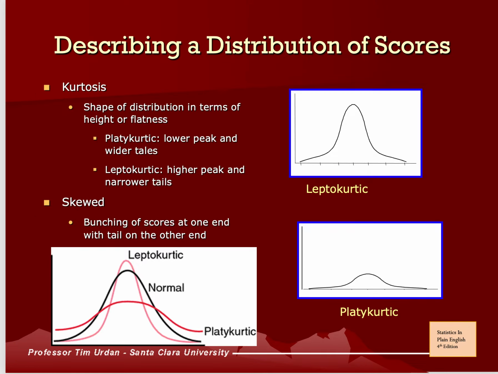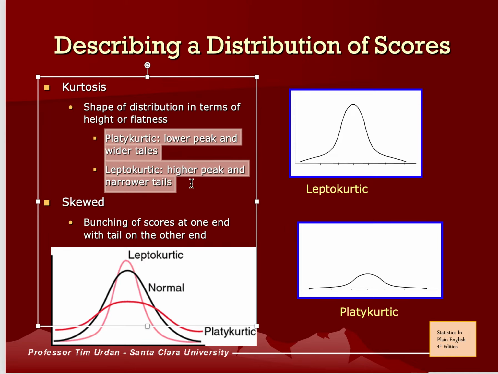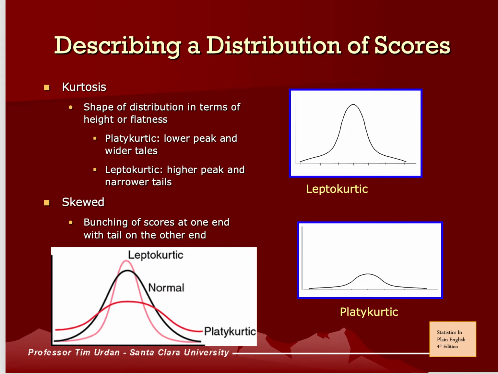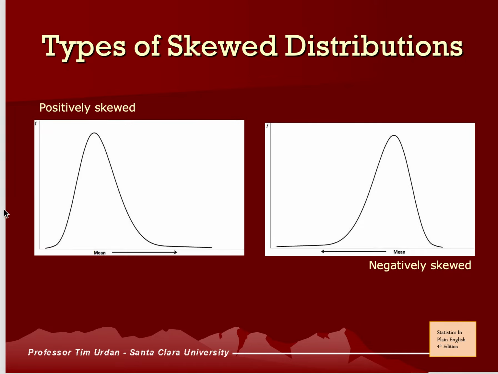So if I want to start to describe these distributions, there are a lot of different words to describe them. In kurtosis, the shape of the distribution is talking about how high it is or how flat it is. And I have different terminologies for a lower peak or a higher peak. The one we're going to use more often is skewed. So a skewed distribution is what we're actually going to discuss most of the time.